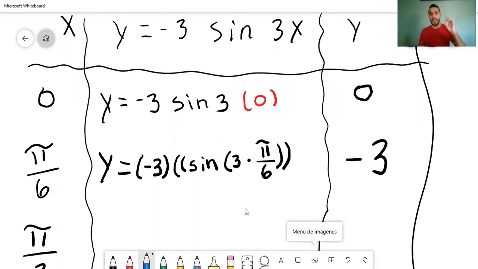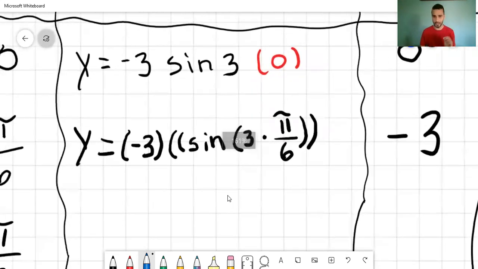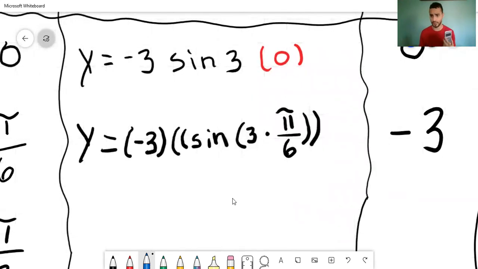Now, attention, concentration here. Be ready with your calculators. I wrote it in a way that I want you to do it the exact same way in your calculators. You guys are going to open a parenthesis. You guys are going to put the -3, this one. You guys are going to open double parenthesis, and you're going to put sine.